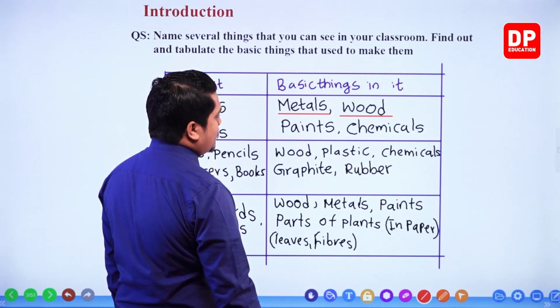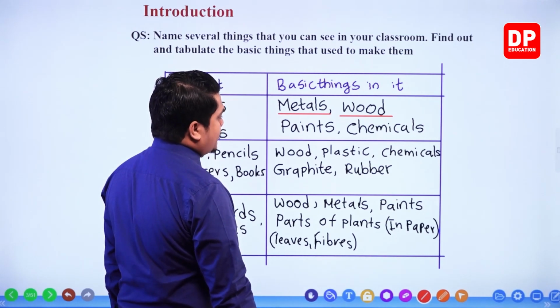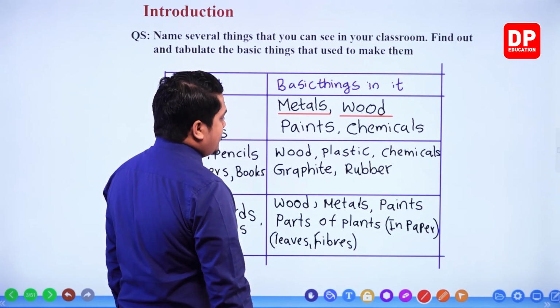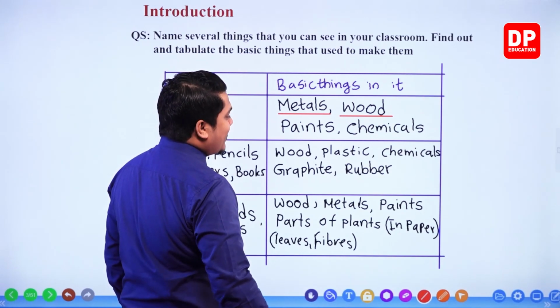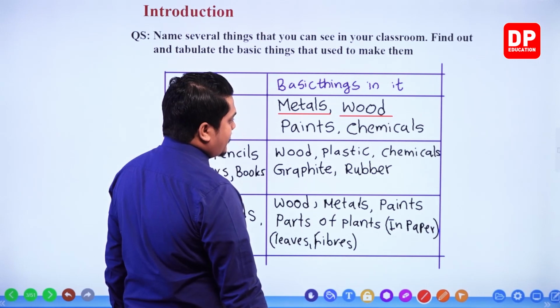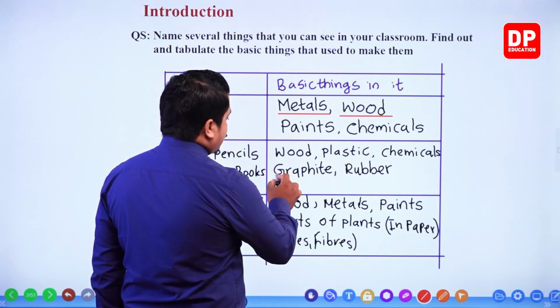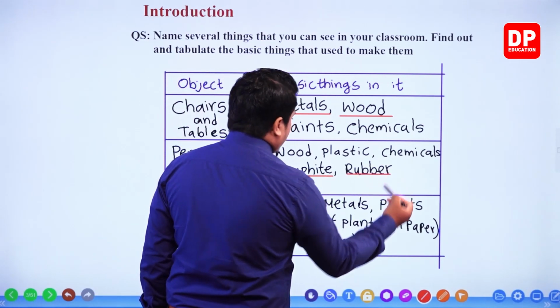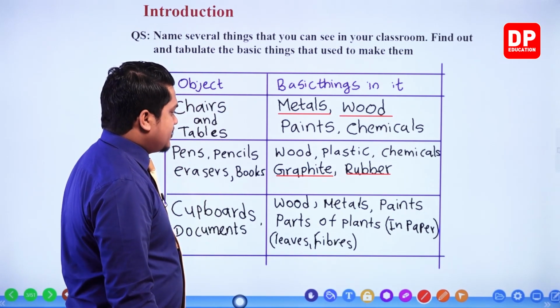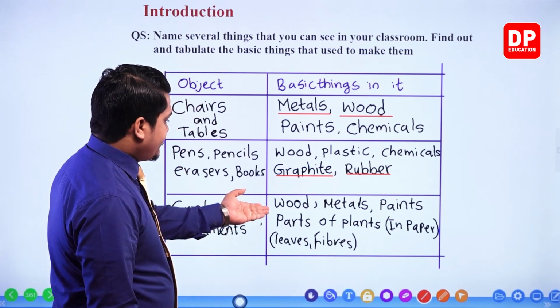Paints and chemicals are also being prepared by humans by utilizing these things. But however, we'll underline the things which directly occur naturally in our environment. Okay. So once again, graphite, rubber, right? And my dear children, here parts of plants.